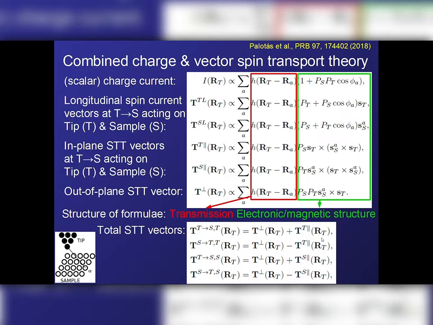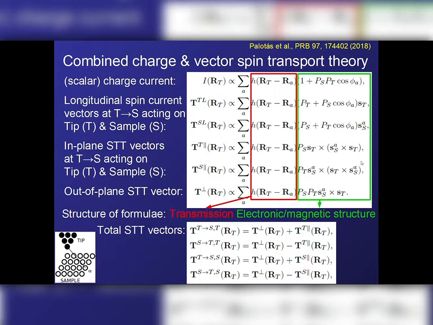For that, I would like to show you the next slide. So these list the quantities which we can calculate. The charge current was shown in the previous slide. We can calculate longitudinal spin current, which is acting on the tip and the sample, and in-plane components of the spin transfer torque vectors, again acting on the tip and the sample.